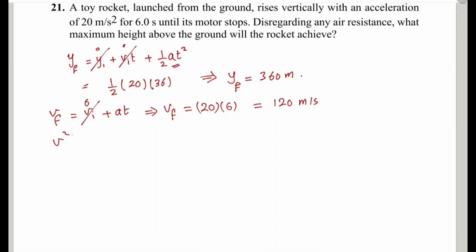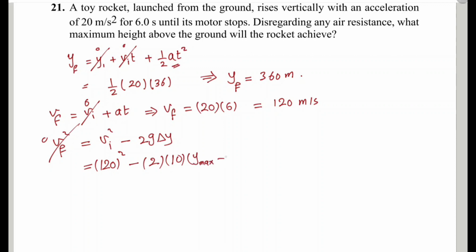Now v square final equal to the initial square minus 2g delta y. This is for the second part. Now this one is equal to 0, and the initial velocity for the second part of motion is the final velocity for the first part. So 120 square minus 2, now this is free falling by the way, 10 times y maximum minus y initial.